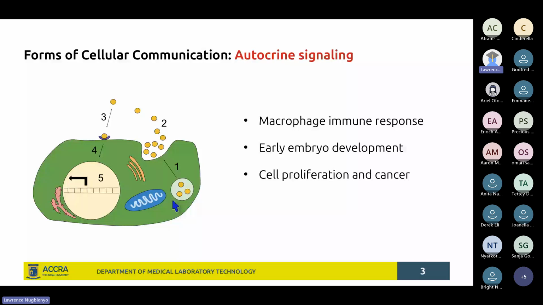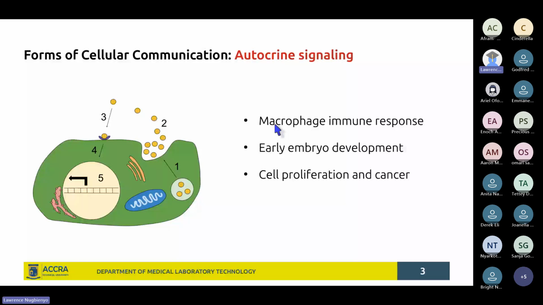One of the forms we refer to is the autocrine signaling. Now, the autocrine signaling you find in the immune system mostly, that a cell secretes a signaling molecule, and that signaling molecule is actually signaling that cell itself.